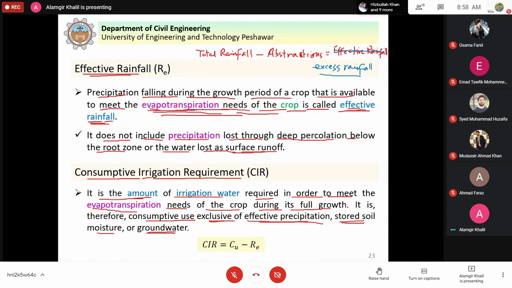So it is the irrigation water that we have to artificially supply. Consumptive irrigation requirement is equal to consumptive use minus effective rainfall.